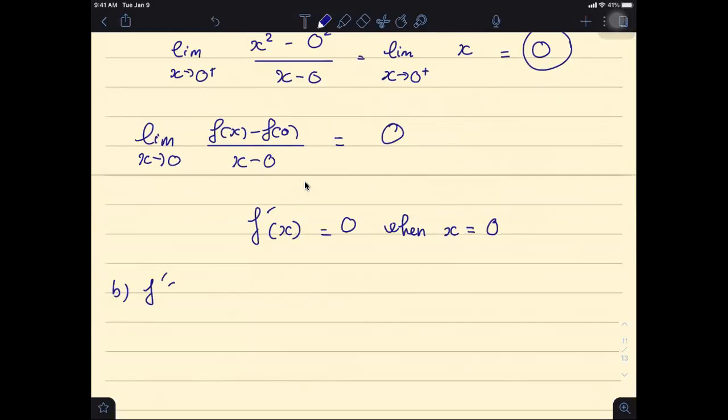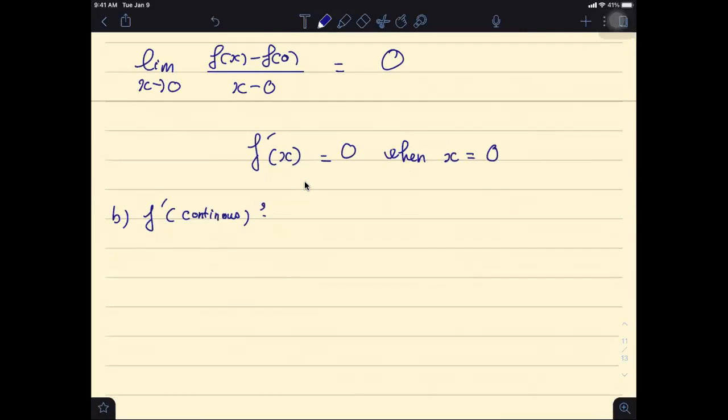So what about the second question? f prime is continuous? What do you guys think? So we have two equivalent definitions: the delta epsilon definition and the sequential criterion, right?